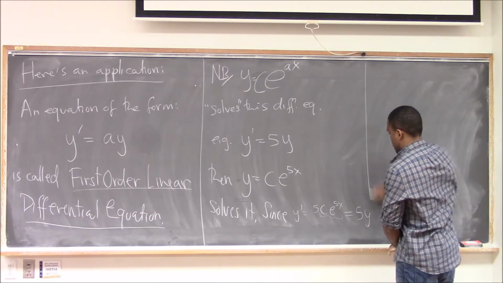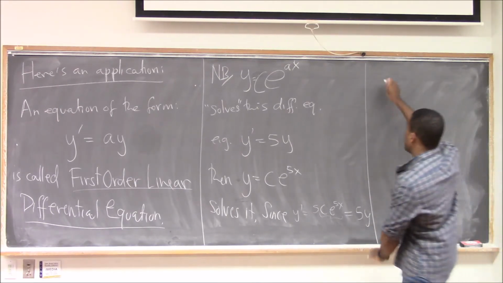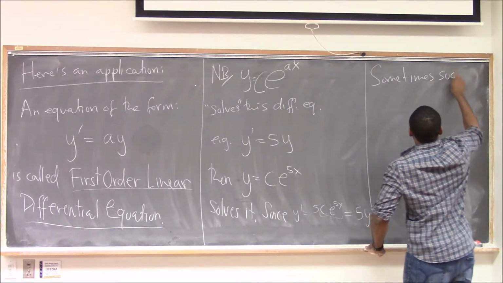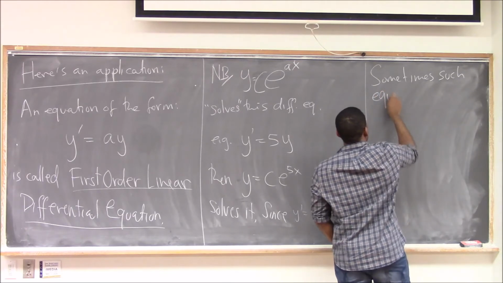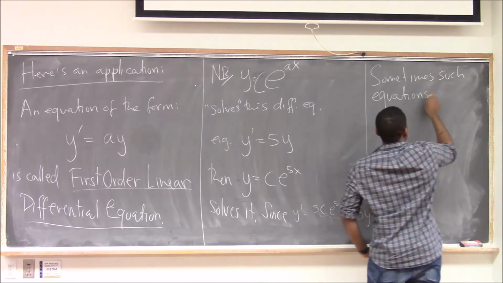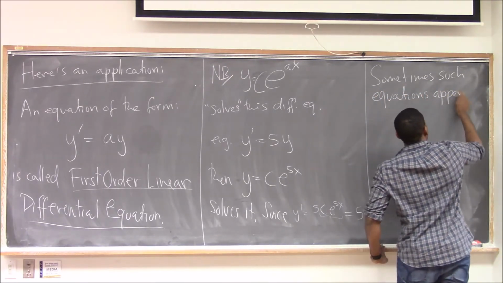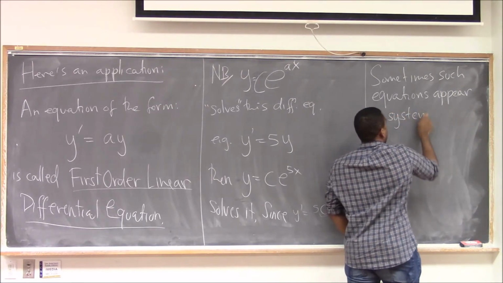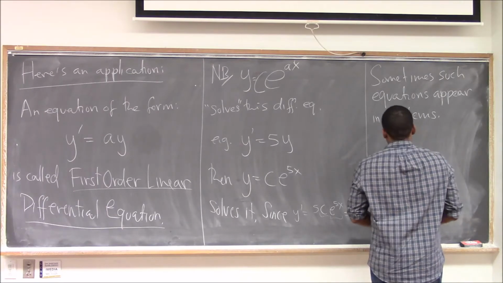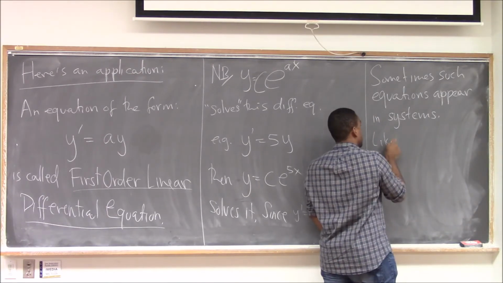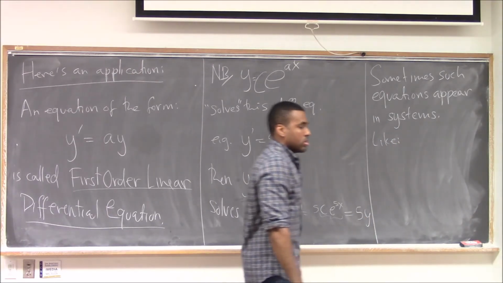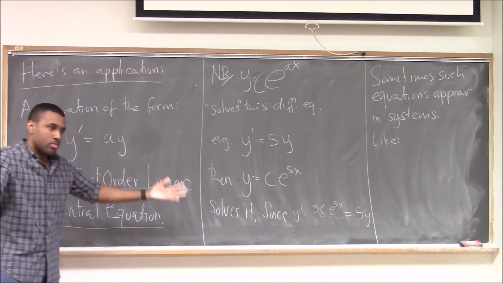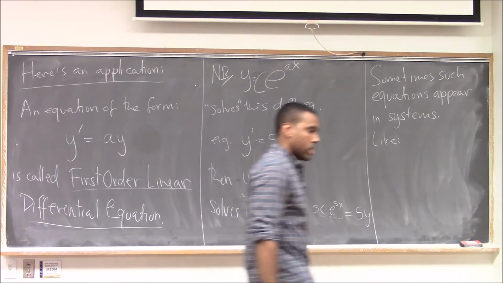Sometimes such equations appear in systems. For example, you can imagine we're measuring 2 populations and we're measuring their rate of change, their growth.